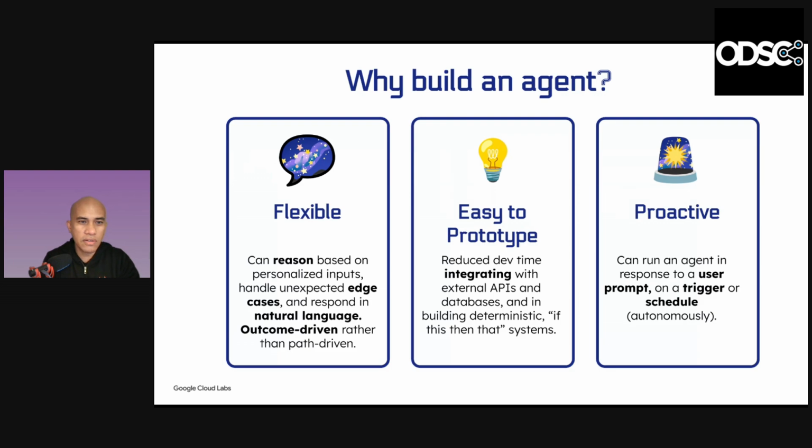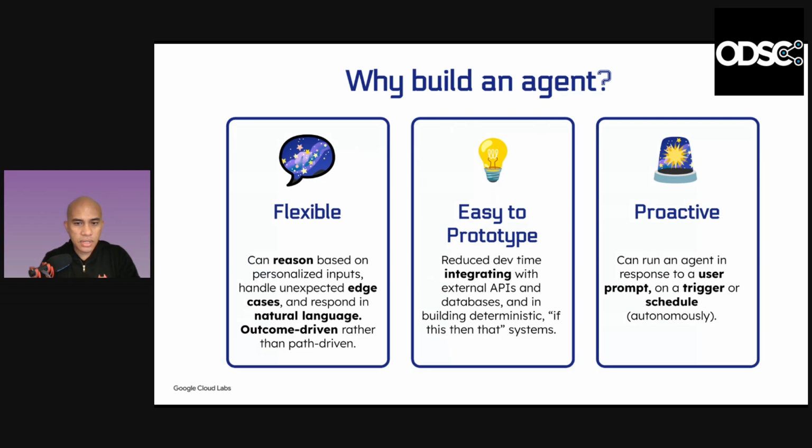Instead of creating a very complicated direct set of directions, you're just giving them instructions the way you would ask a person, right? It is described as outcome driven rather than path driven, right? They would be more interested in finding out what outcome they are going for, instead of you telling them to go to A, B, C, and D, then generate the output. They're more interested in the output.